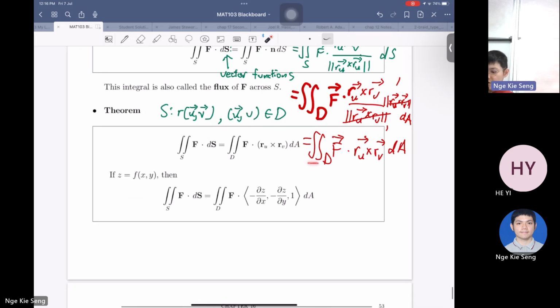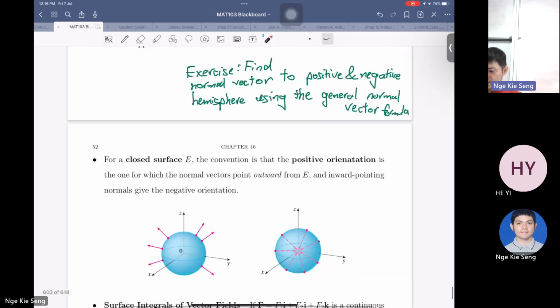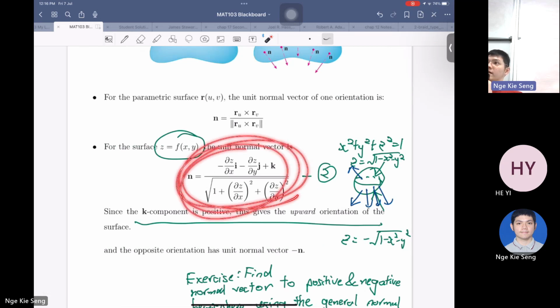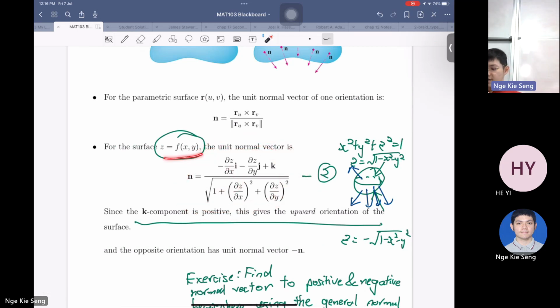So just now the theorem can be simplified to the second version here, if you like. This is a similar derivation as how we derived the normal vector just now. This is minus del z over del x, minus del z over del y, and 1, matching up the normal vector here. If you use z equals f(x,y), how do you get the parameterized surface?